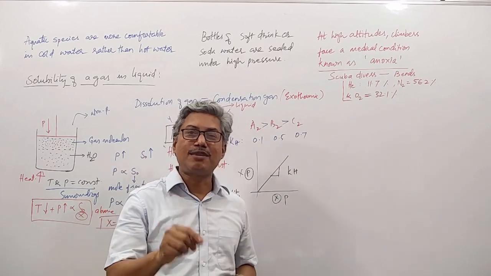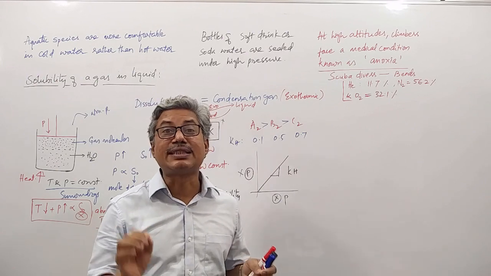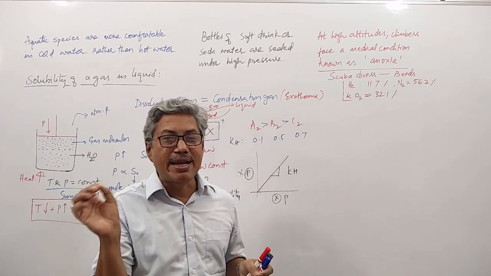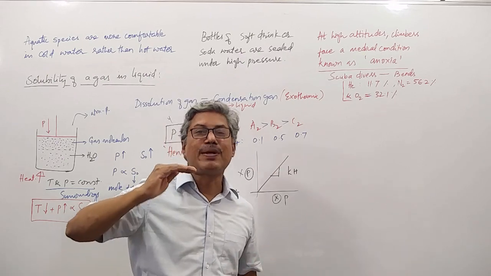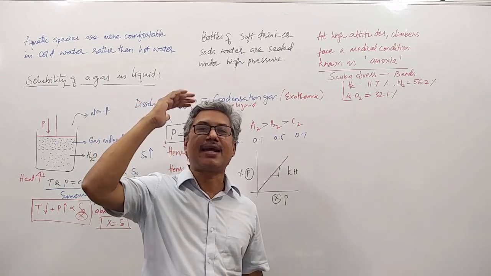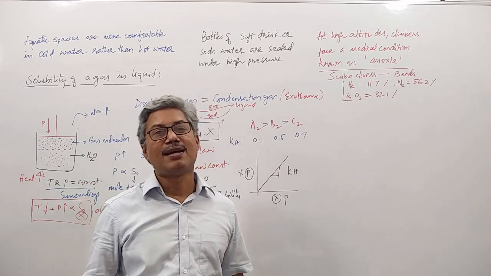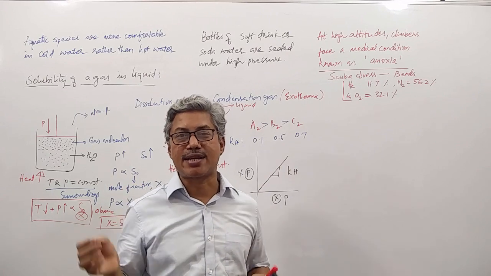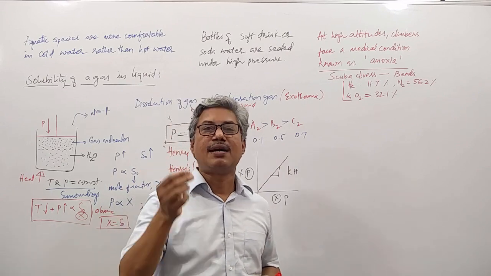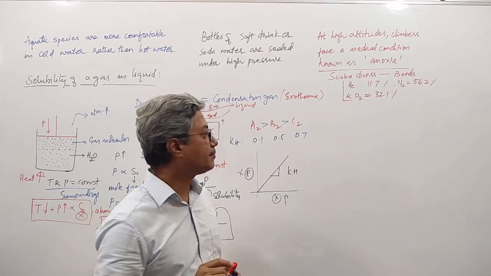Once a person feels shortage of oxygen, then he will not be able to think properly. This medical condition is called anoxia. Is that clear, students? So as we climb to higher altitudes of a hill, a person will feel anoxia. That anoxia stands for availability of less quantity of oxygen. Is that clear?